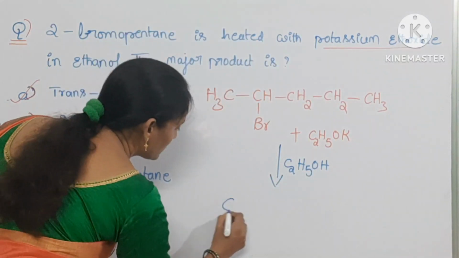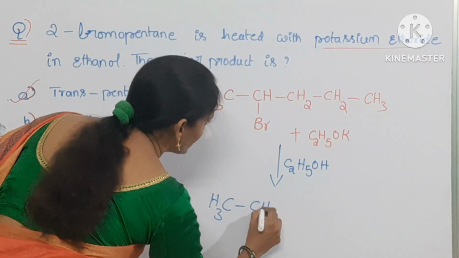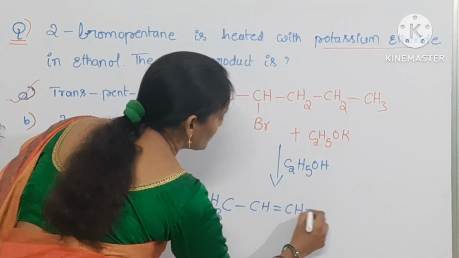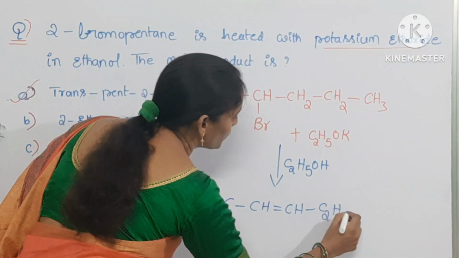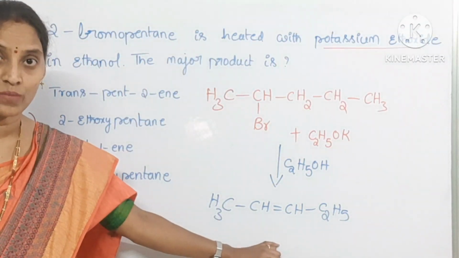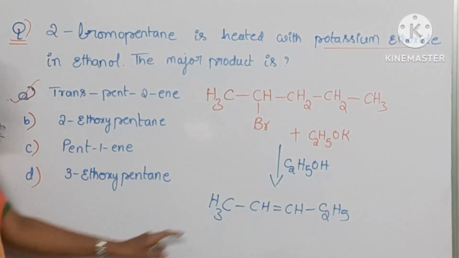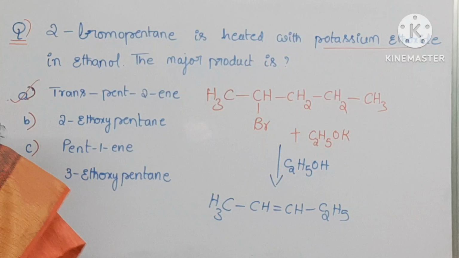Then you will get CH3 CH=CH C2H5 as your product. Here it is in the trans form only. So this is your answer: the trans form is the major product here.